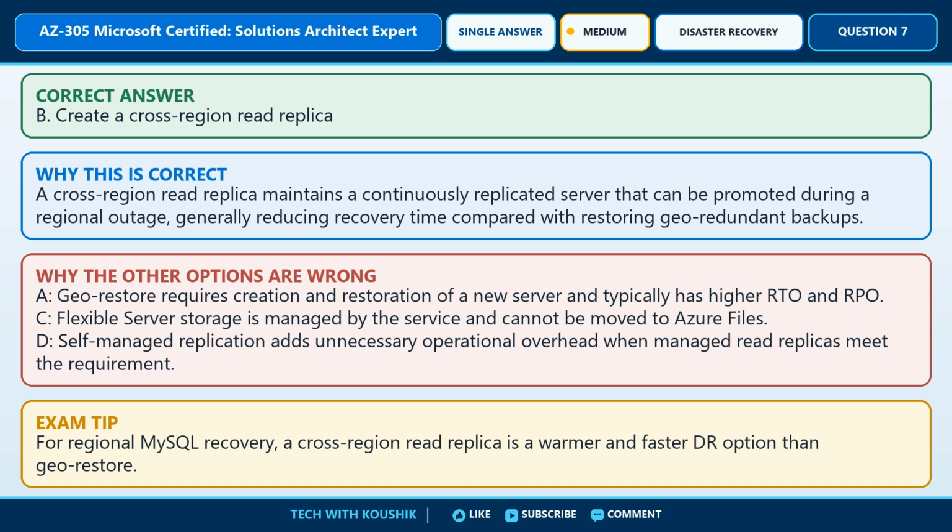C, flexible server storage is managed by the service and cannot be moved to Azure files. D, self-managed replication adds unnecessary operational overhead when managed read replicas meet the requirement. Remember this distinction for the exam. For regional MySQL recovery, a cross-region read replica is a warmer and faster disaster recovery option than GeoRestore.